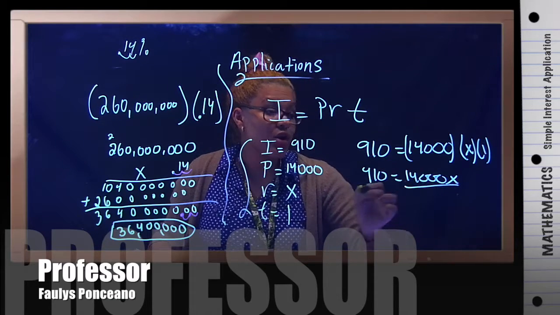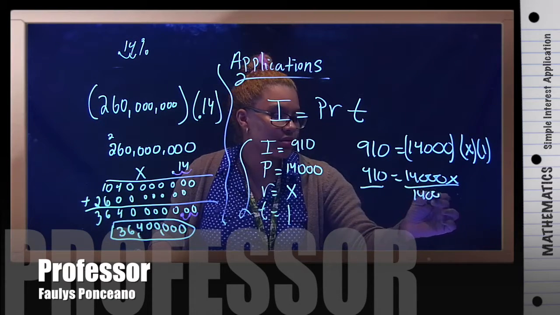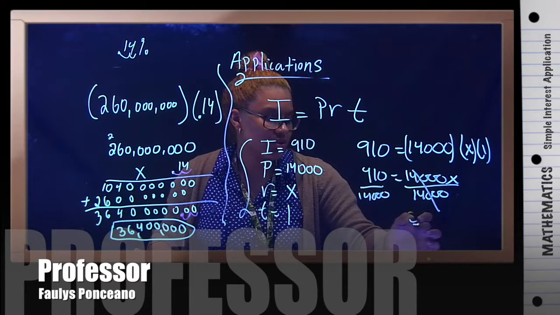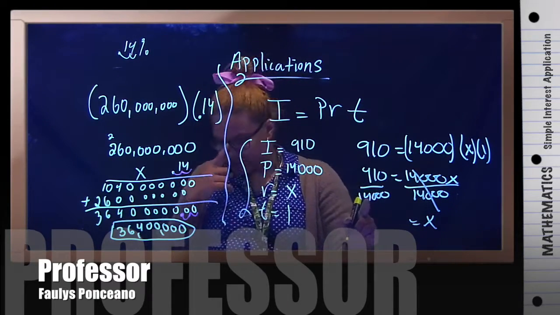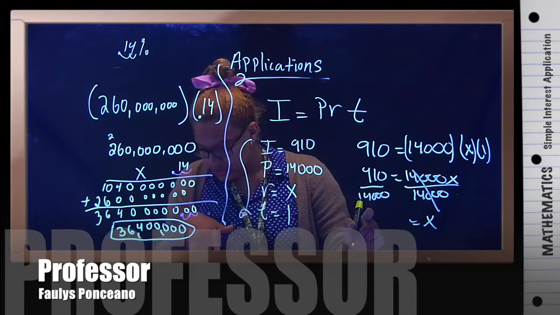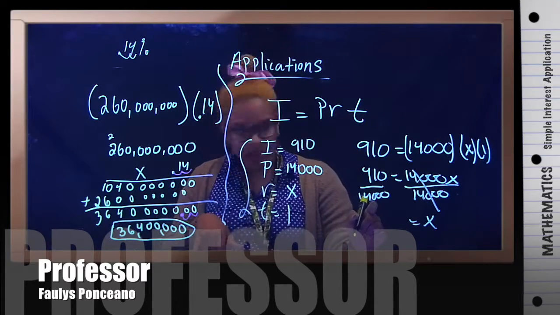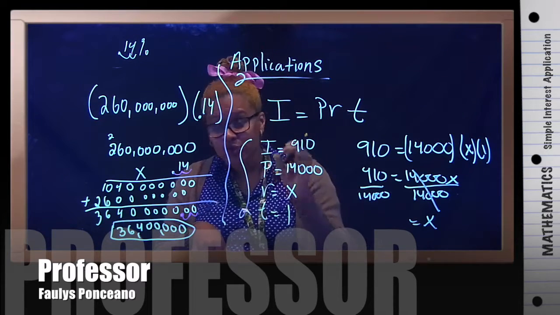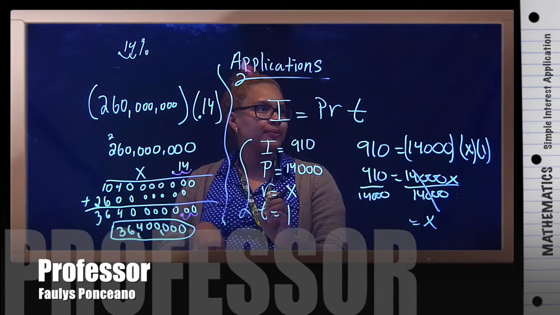We need to solve for the x. This cancels, giving you x. Now, 910 divided by 14,000. You want to do long division, okay?